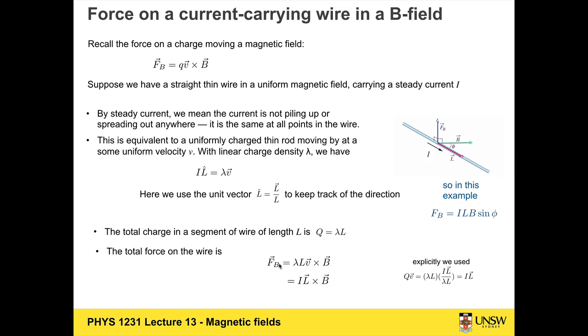We would have some arbitrary wire and break it into a bunch of segments. So this would become something like dL, and on this side dF. If we take the limit such that we get an integral, then we just sum up all the contributions, and we could handle the force on some arbitrary current-carrying wire.